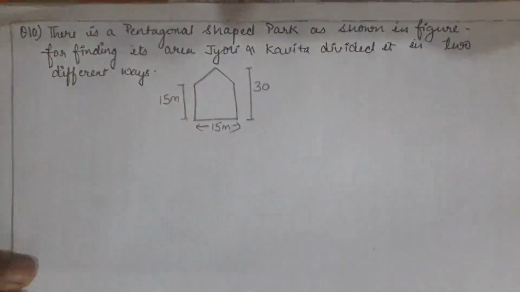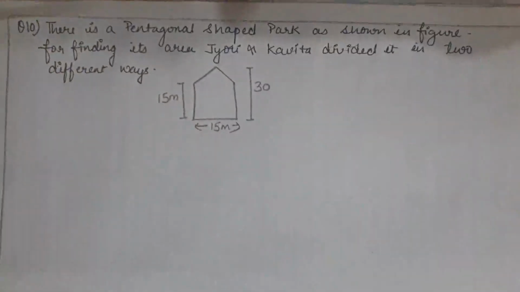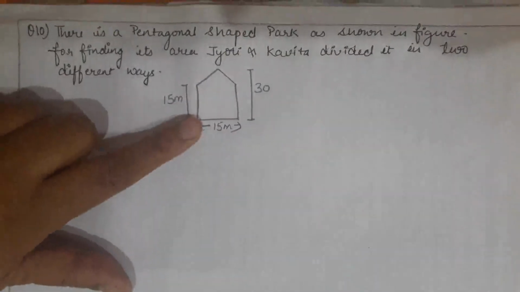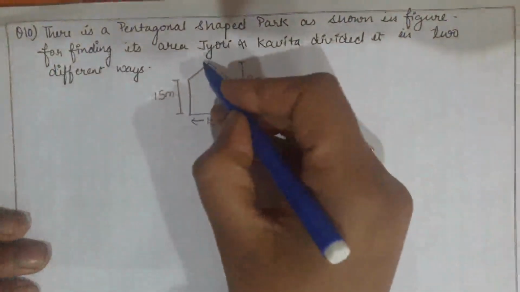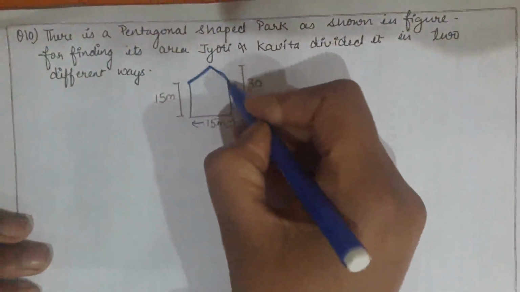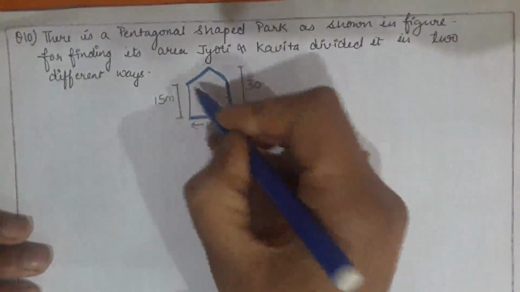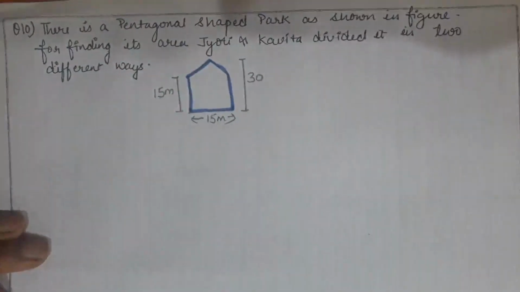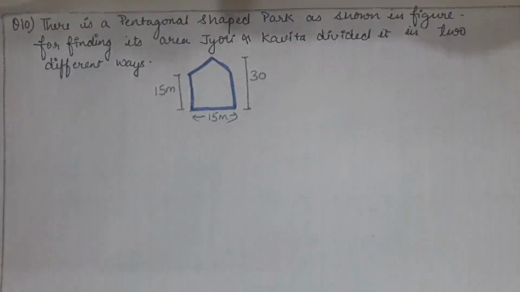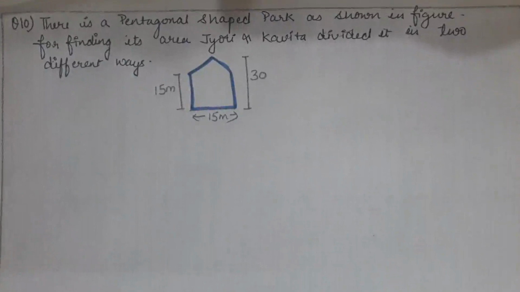Now the next question is, there is a pentagonal shaped park. Pentagonal means having 5 sides. Let's count: 1, 2, 3, 4, 5. So for finding its area, 2 women are there, one is Jyoti, another is Kavita.